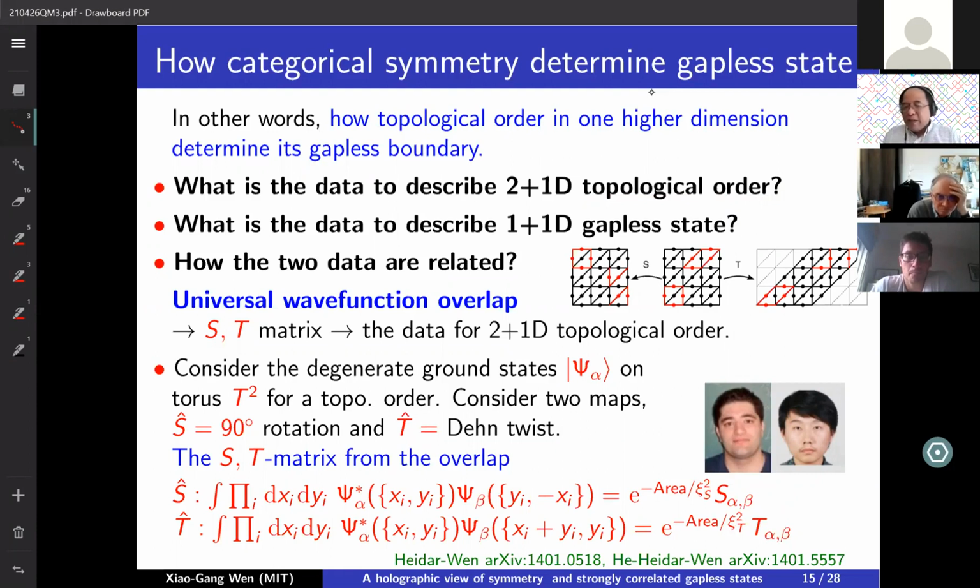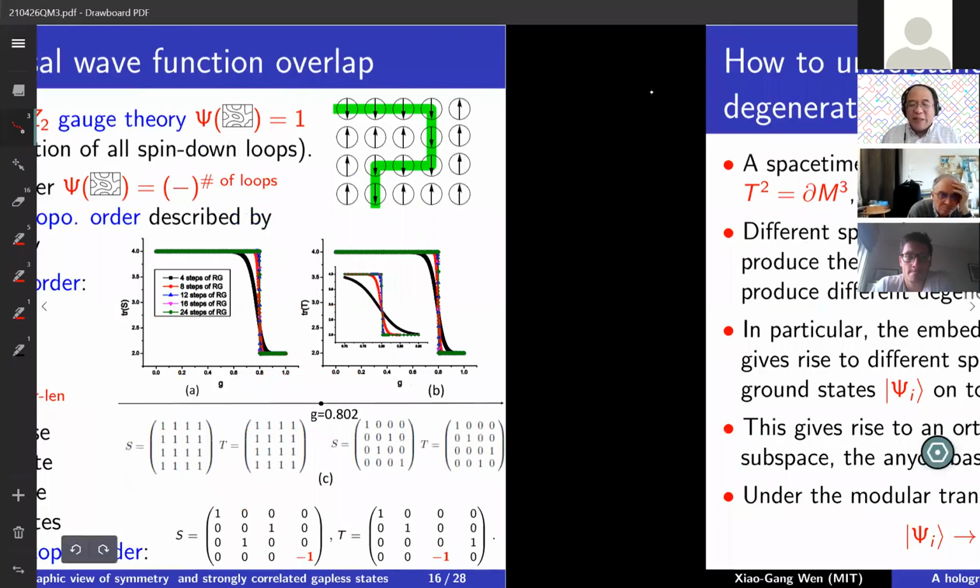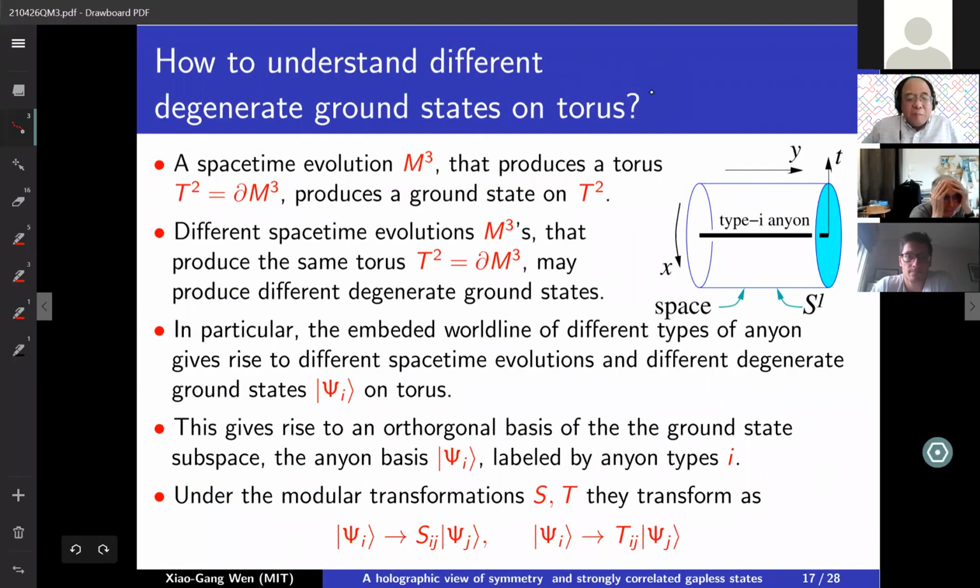Let me skip this. But how do we understand that we have different degenerate ground states on the torus? One way to understand it is the following. Here I draw a torus. The surface of the solid cylinder is our space, and we have a ground state on the surface of this cylinder.